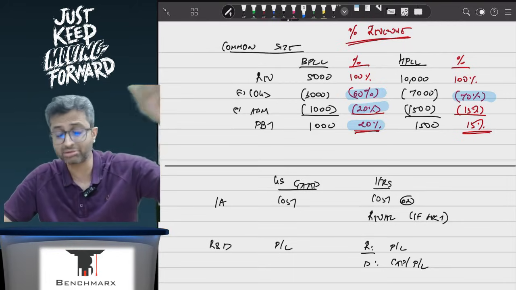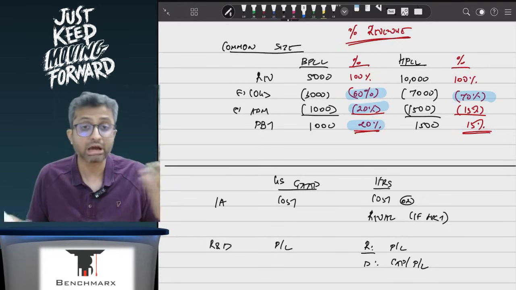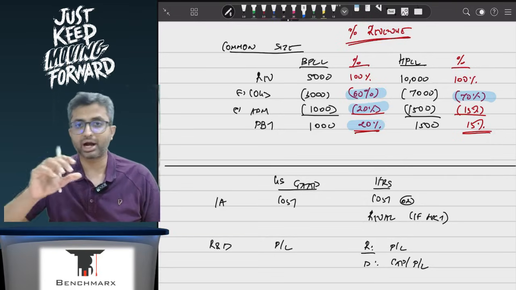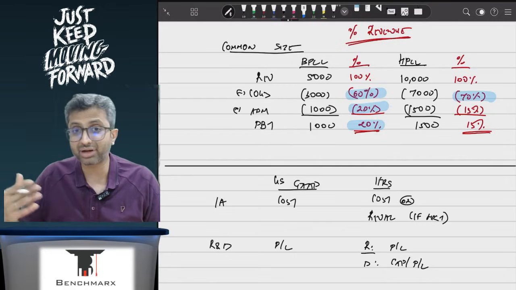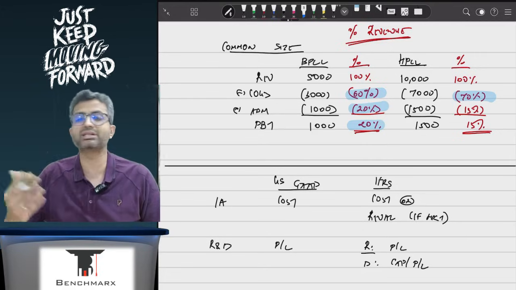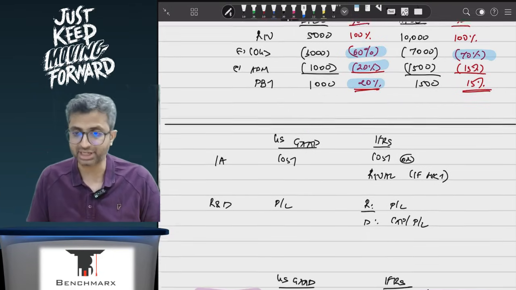So if revenue was 100, then each of these expenses is some percentage in that particular year. This adjusts for size and helps in determining numbers on a common 100 base, which is easier for comparison across years and across companies. So that is your common size statement.